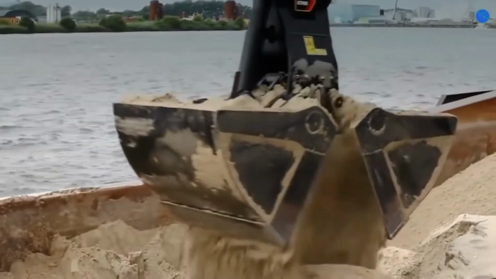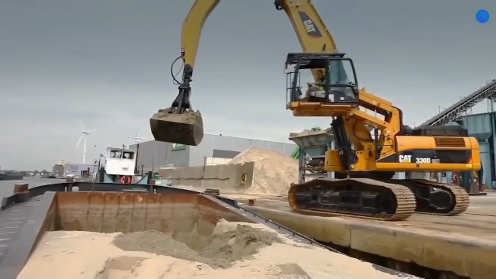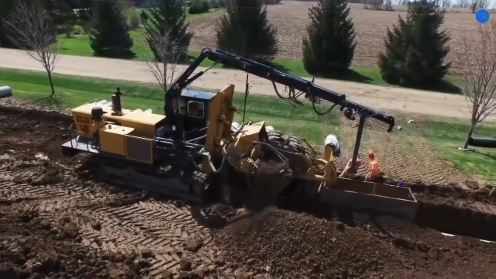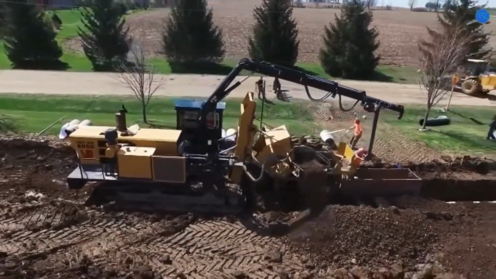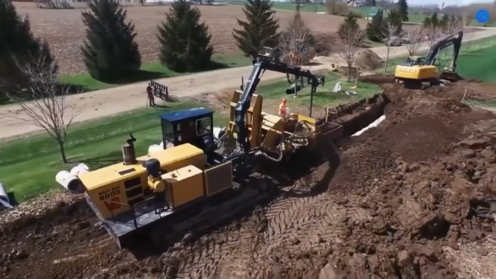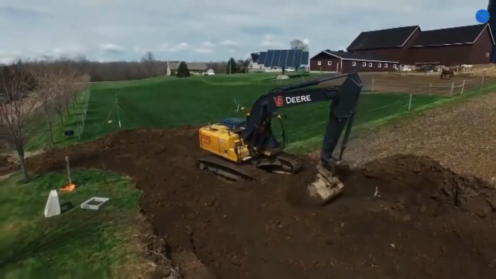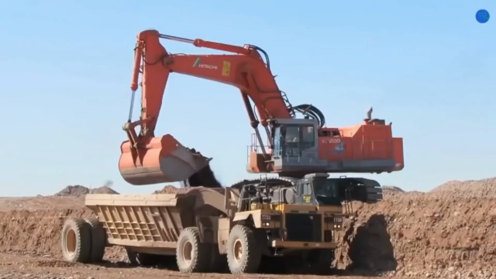The contractor in many cases will have only some pieces ng mga basic equipment na meron para sa earth moving. When the job calls for special machines, the contractor goes to the subcontractor or leasing or rental agency who has them. Charges for rented machines are based upon the time the equipment is worked and how much it costs to bring the unit to the site and to return it.